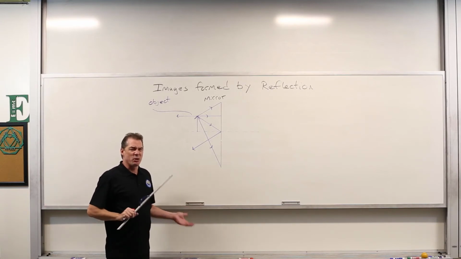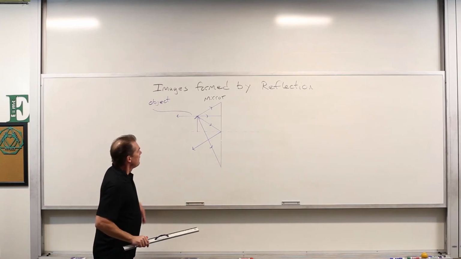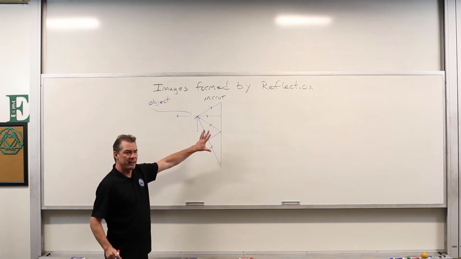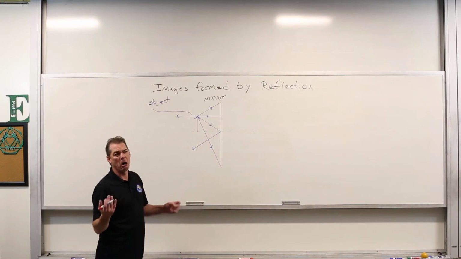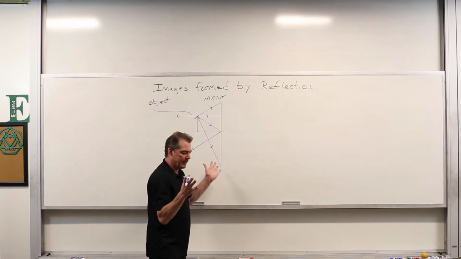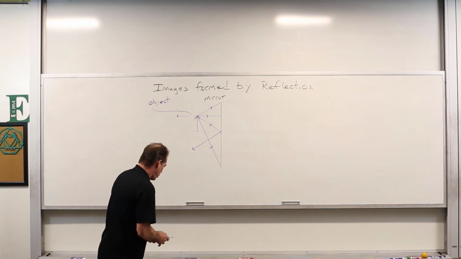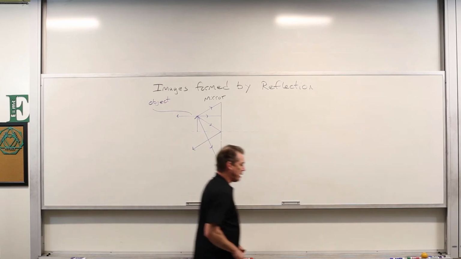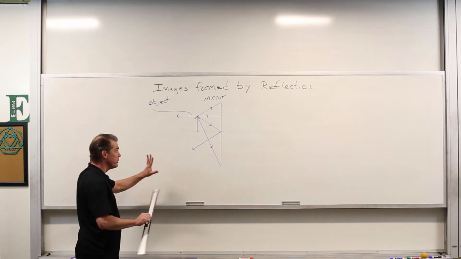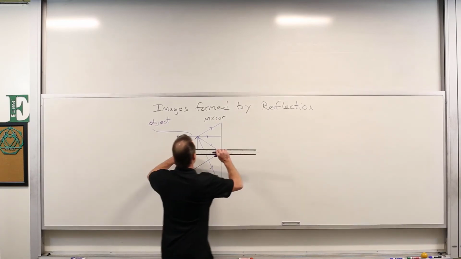But where is the actual image itself? Well, let's look at how these light rays trace back to a point of intersection, in a sense, where it seems like light is emanating from. So if I start tracing these light rays back, we'll grab another color here, on the other side of the mirror where they physically do not exist, well, we can trace this one back.